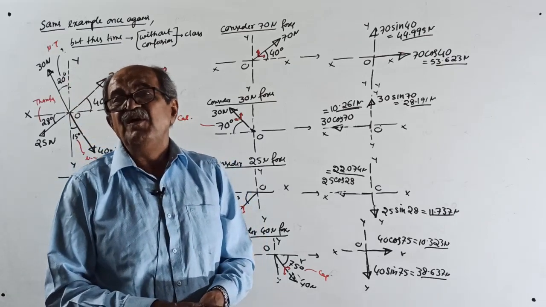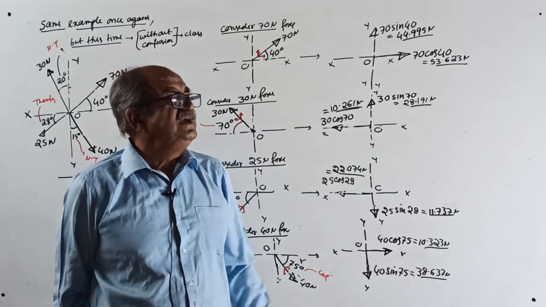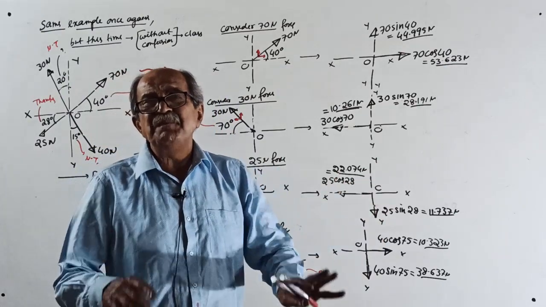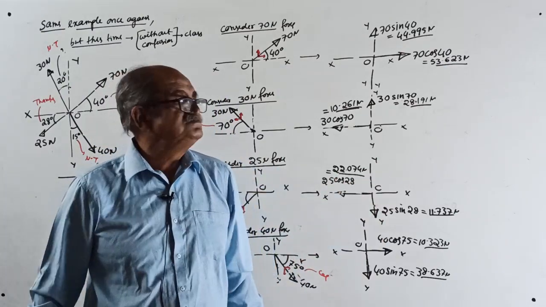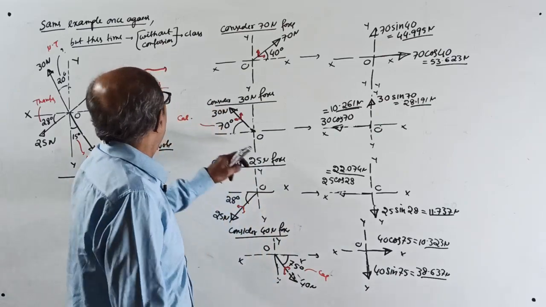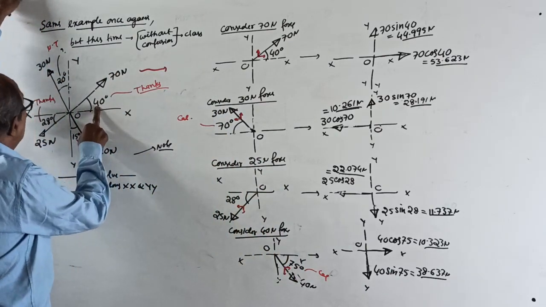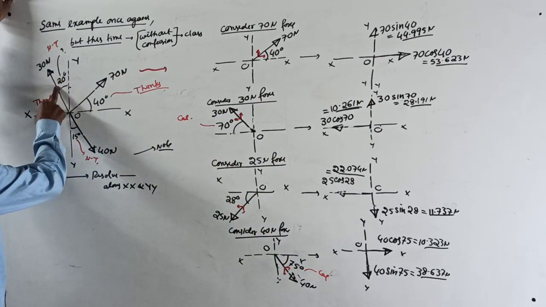Sometime, when the class is over now, I will ask a trapping question. If you are in front of me, 99% of people will get trapped. What I will tell in the class is, here angle given with horizontal, here angle given with vertical.